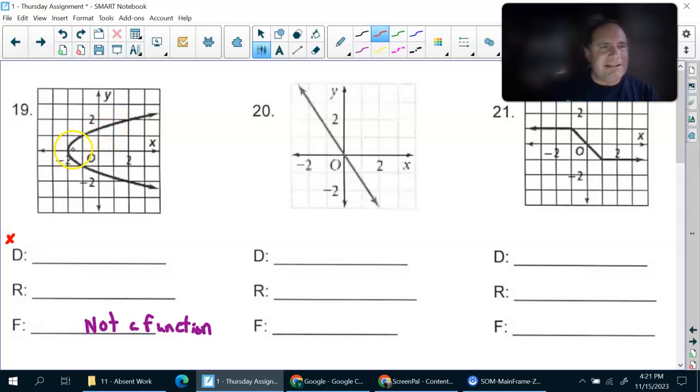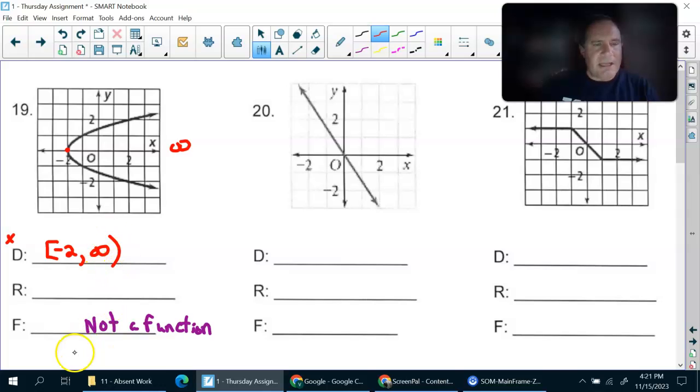What is the leftmost part of the graph? It goes to -2. So that is a bracket -2. It touches -2, so that means -2 is included in this domain. And then it goes forever to the right. So forever to the right is positive infinity.